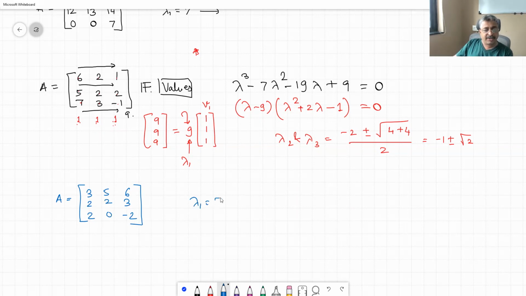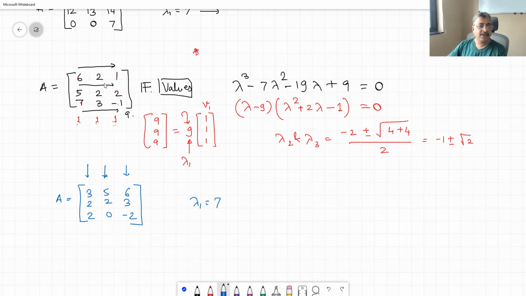So lambda 1 is going to be 7, but really here it is the summation of columns. So 1, 1, 1 is not going to be the vector. Lambda 1 is going to be the value 7, because for the transpose the lambda values are the same but the vectors are different. Therefore you will get the first eigenvalue, and then if you put this in your cubic, you should be able to get the remaining two eigenvalues.